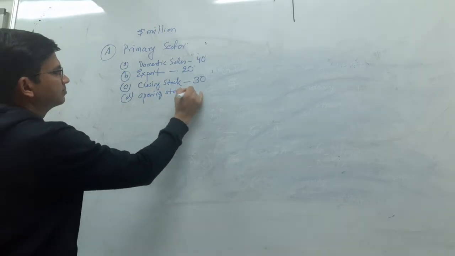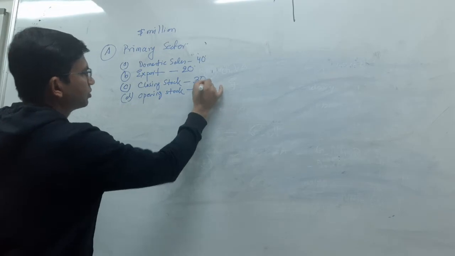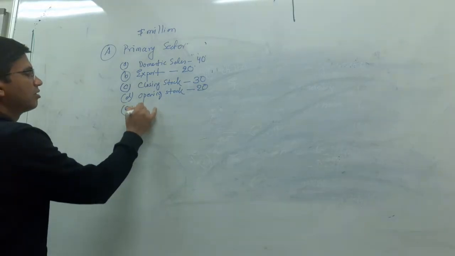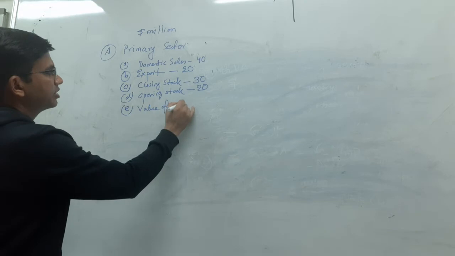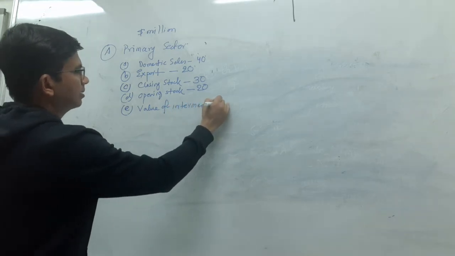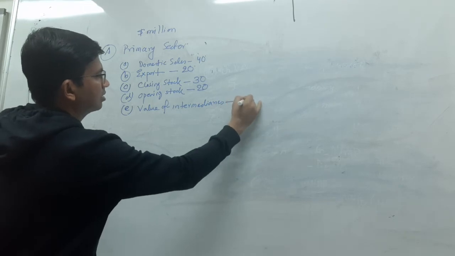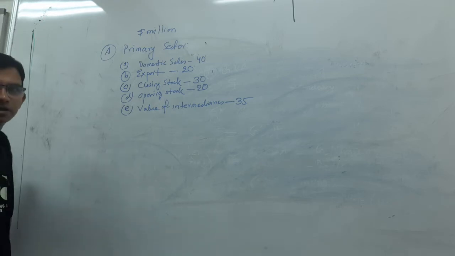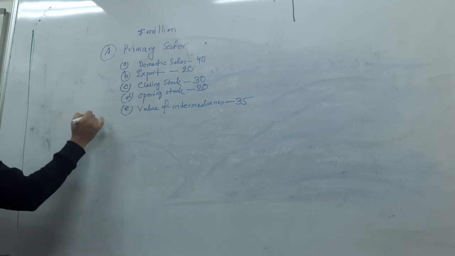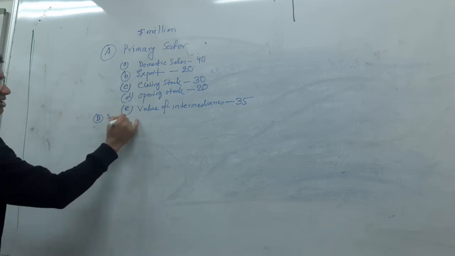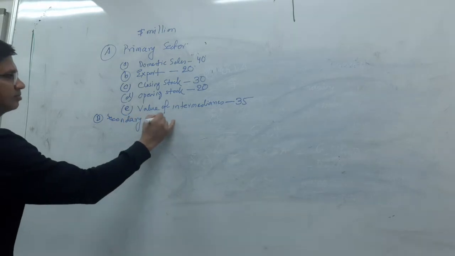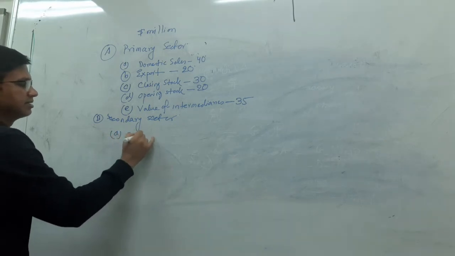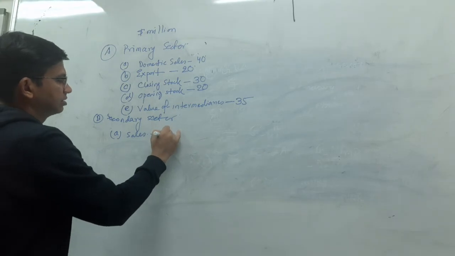opening stock 20, value of intermediaries 35. B. Secondary sector. Sales 75.